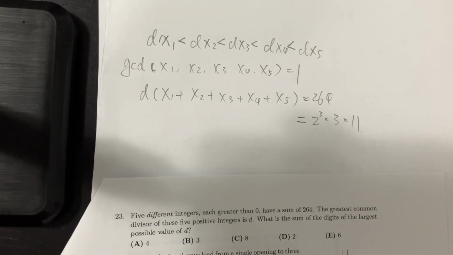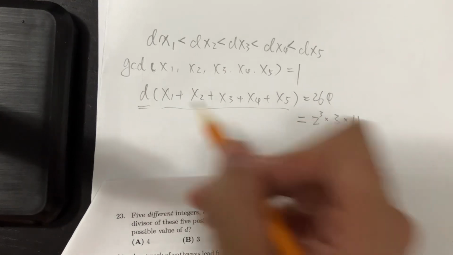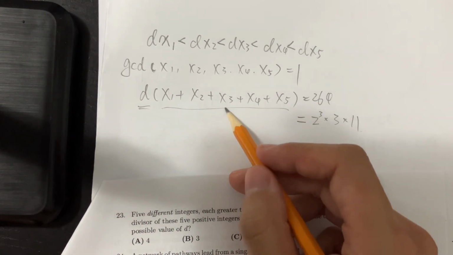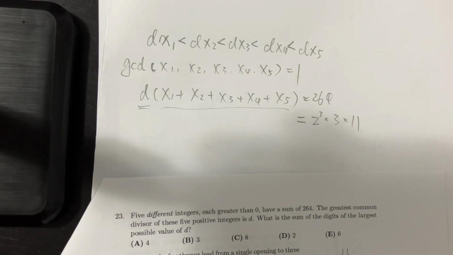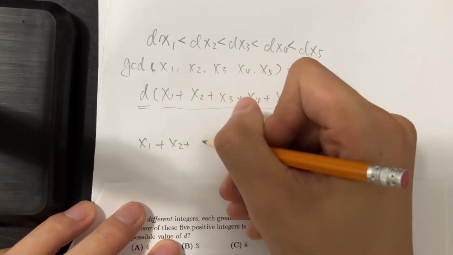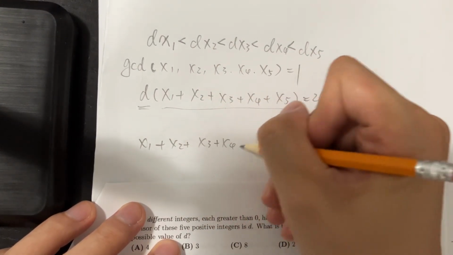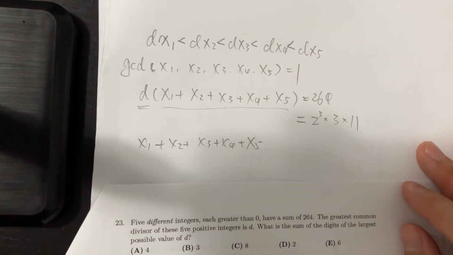But now we get an idea. The smaller this part is, the larger the d is. So we want to keep this part as small as possible. And what does that mean? All these 5 numbers are different. So let's check this part: x1 plus x2 plus x3 plus x4 plus x5. There are 5 different numbers, and they are all positive integers.